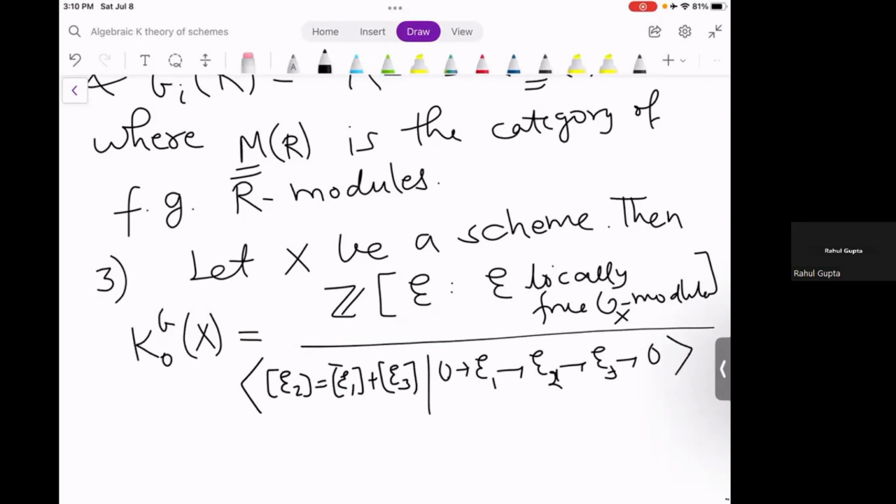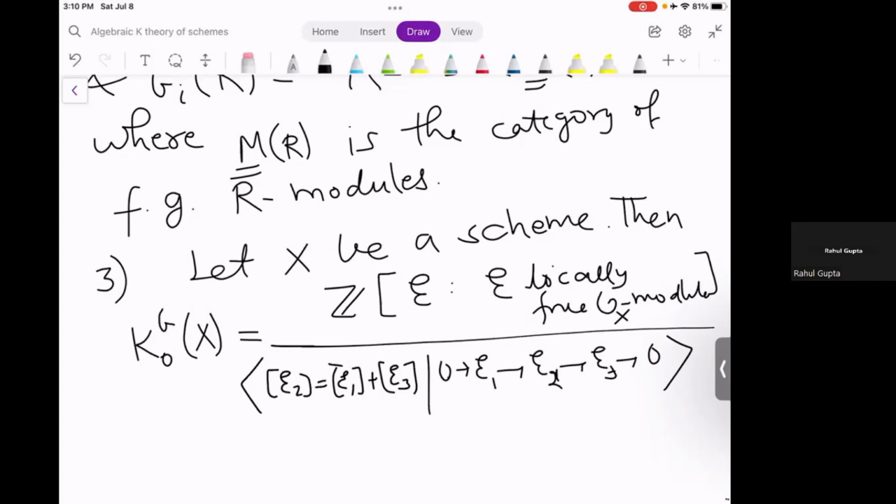Most of you might have seen this definition earlier. So given any scheme, we can always associate this Grothendieck group with X. And the starting point of all this K theory was these Grothendieck groups.